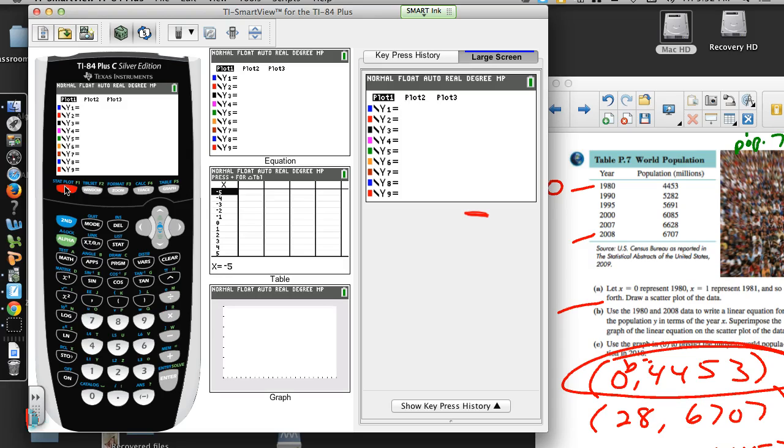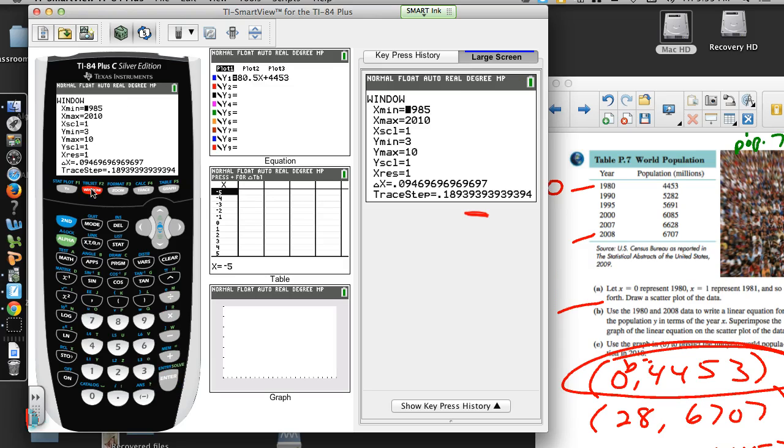All right, then in the y equals, we put the equation that we had come up with for this, which was 80.5x, and that was plus 4453. And the window. Well, we went from 0 to 28 for the years, so I'm going to back that up and see a little bit of negative here.